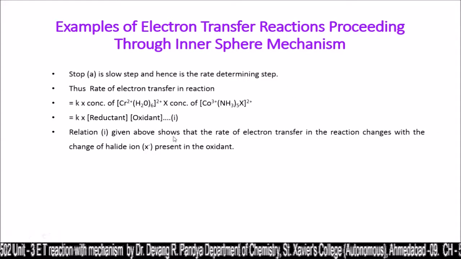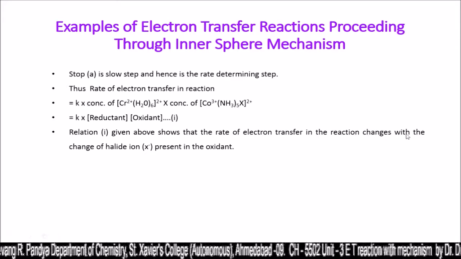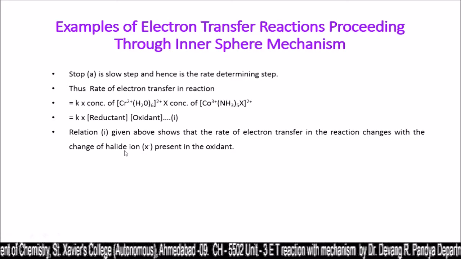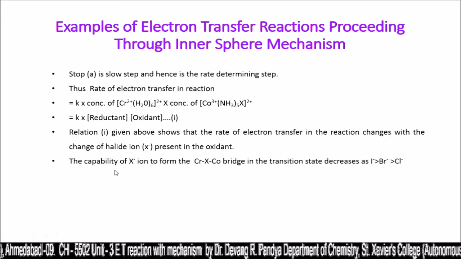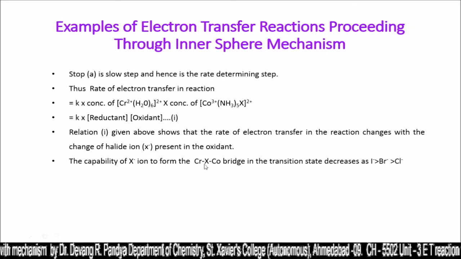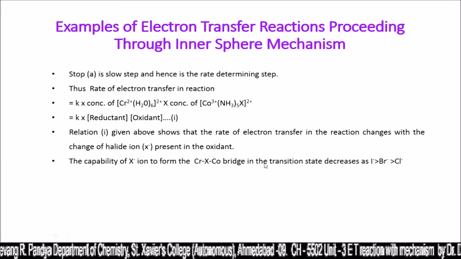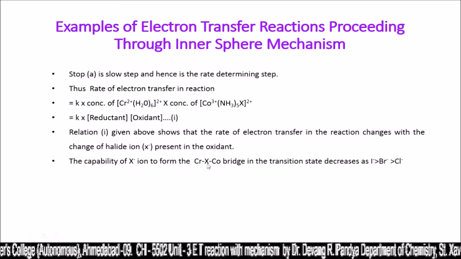Reaction 1 given above shows that the rate of electron transfer in the reaction changes with the change of the halide ion present in the oxidant. The capability of the halogen ion to form the chromium-X-cobalt bridge in the transition state decreases as we change the halogen.